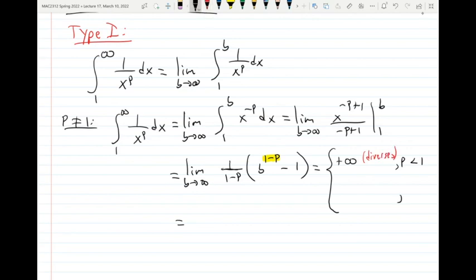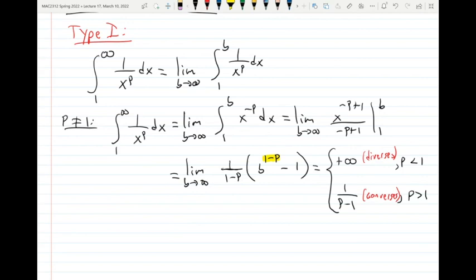And then if p is bigger than 1, what's going to happen? 1 minus p is going to be a negative number, right? So then this really goes down, so this is going to go to 0. So you're going to have negative 1 over 1 minus p. I'm going to distribute the negative, so we get 1 over p minus 1. So it converges. Do you understand this?